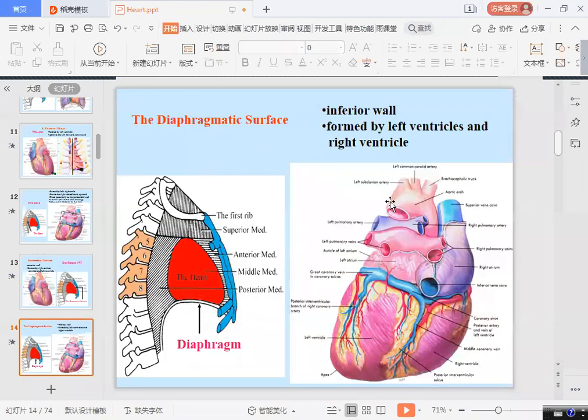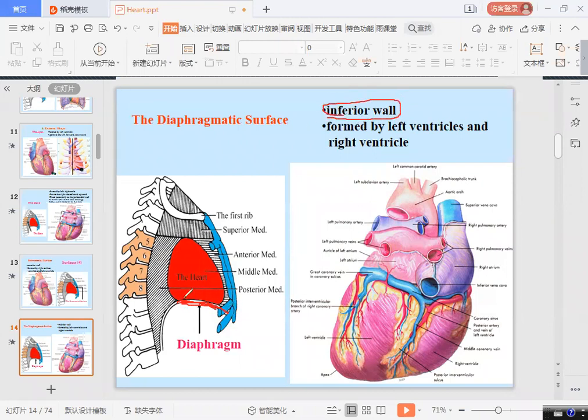The second surface is the diaphragmatic surface. We know that the heart lies inferiorly on the diaphragm. So the diaphragmatic surface makes the inferior wall of the heart.